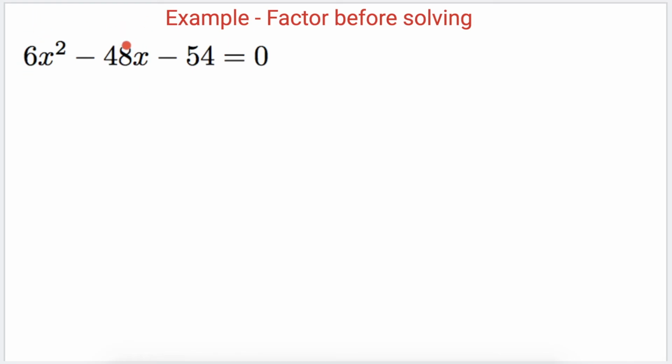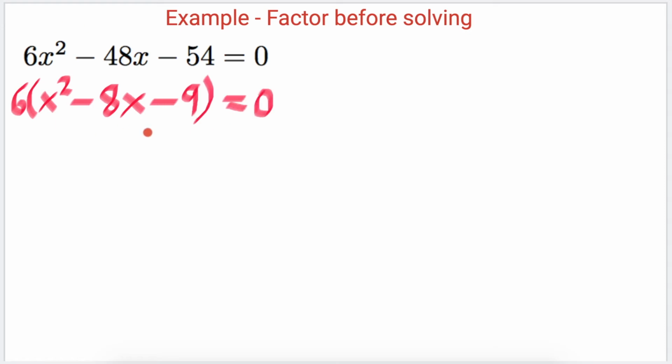So 6, 48, and 54 have a common factor, and the greatest common factor is 6. So we're going to factor 6 from all three constants. The first term is going to be x squared, the second term is going to be -8x, and the third term is going to be -9, and we're going to set that equal to 0.